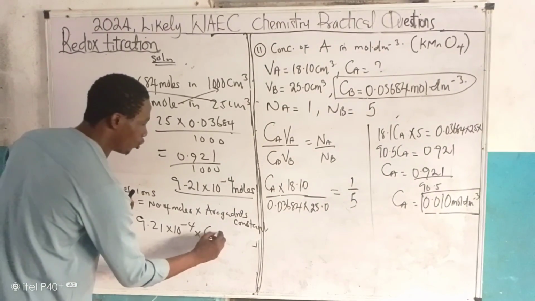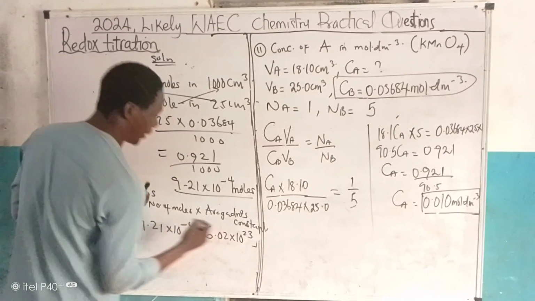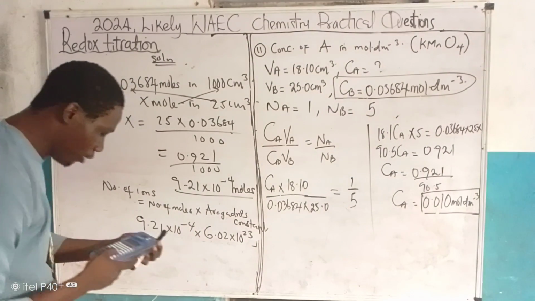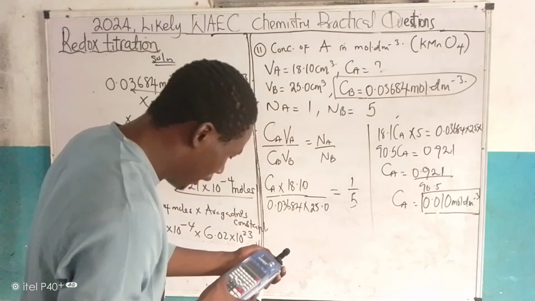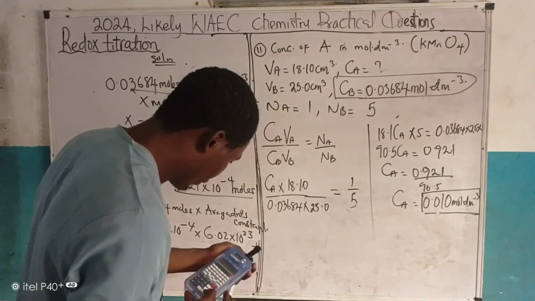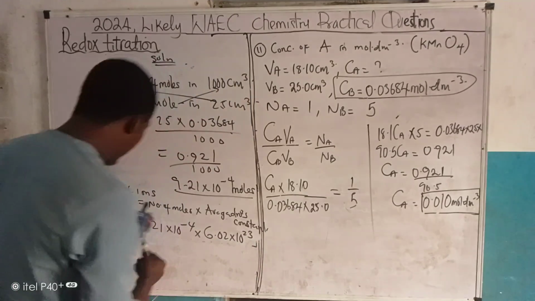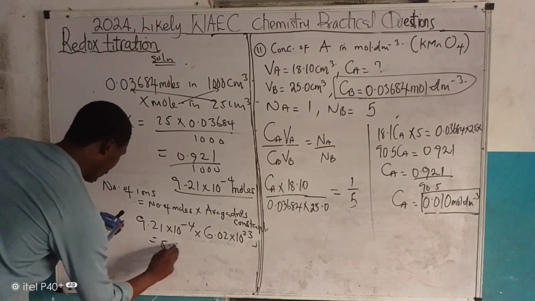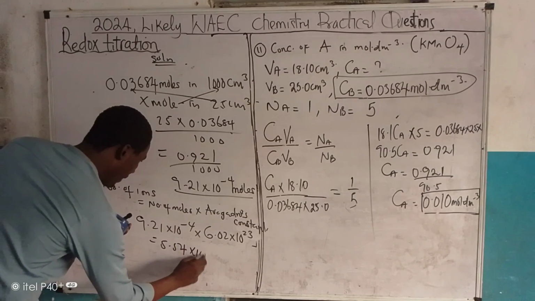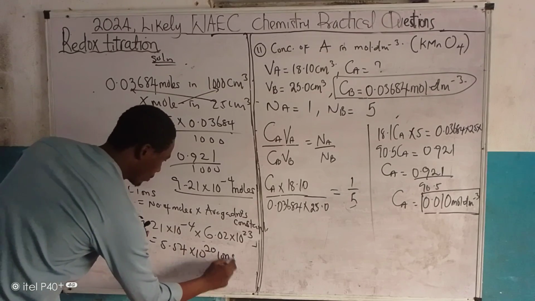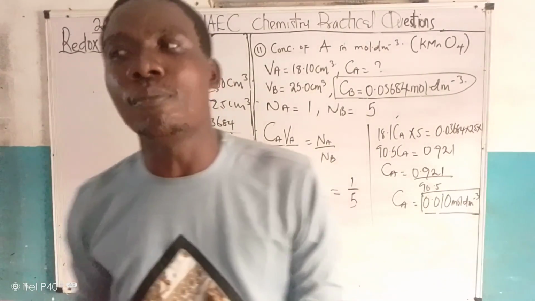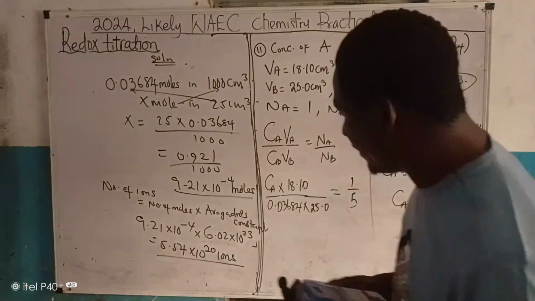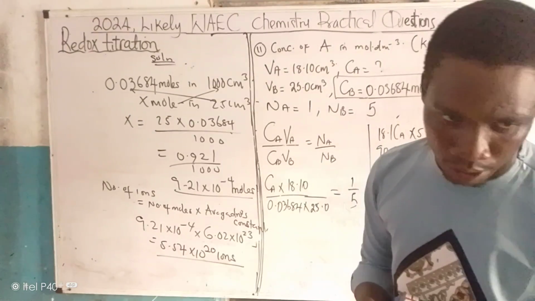Avogadro constant is 6.02 times 10 raised to the power 23. We are going to multiply by 6.02 times 10 to the 23. We have 5.54 times 10 raised to the power 20 ions. So the number of ions in the volume of the pipette is this.